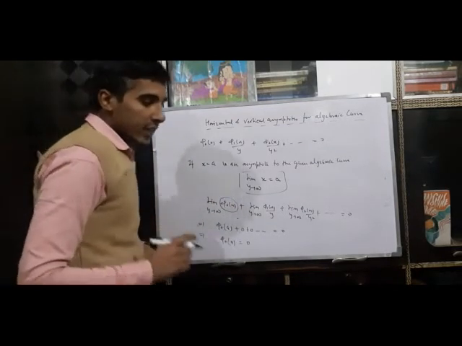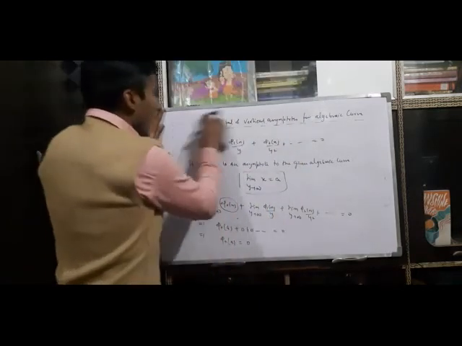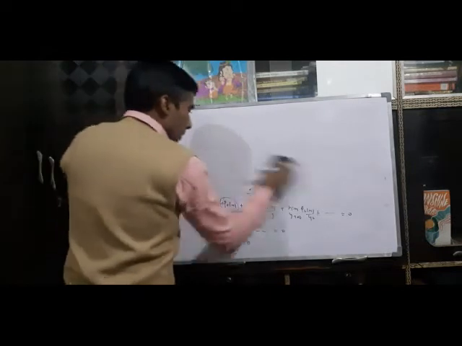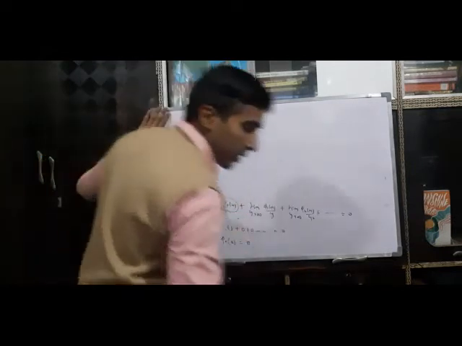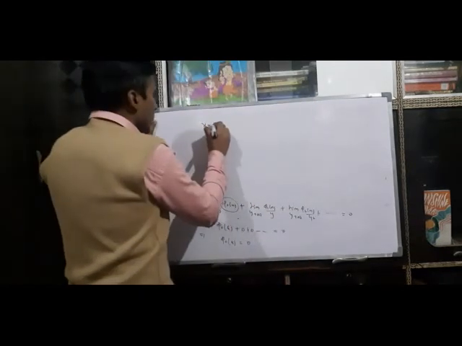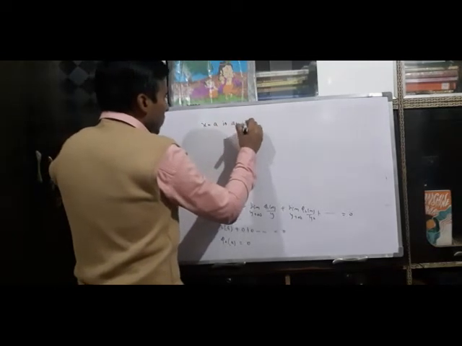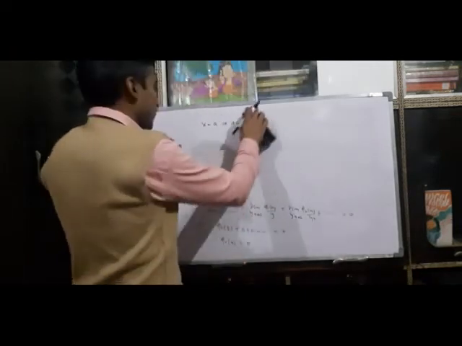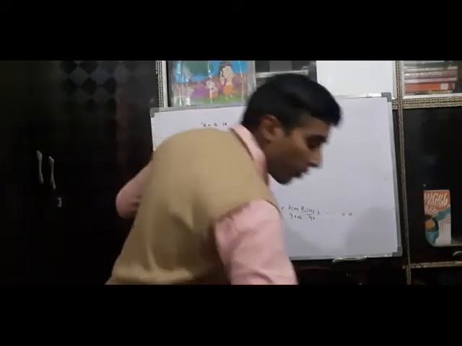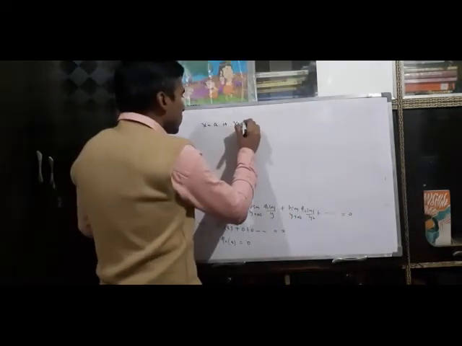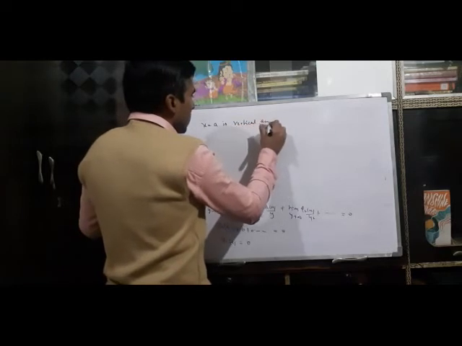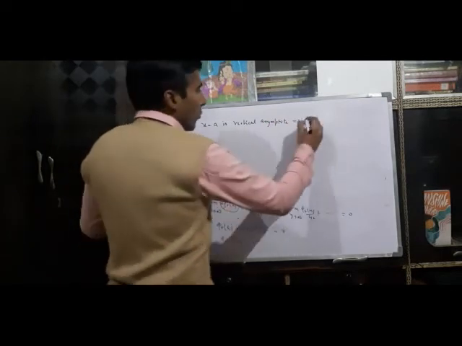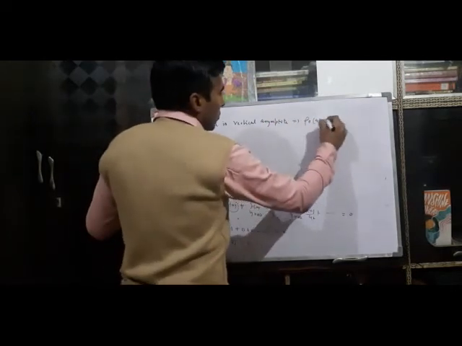So we can say that x is equal to a is a vertical asymptote implies phi naught a is equal to 0.